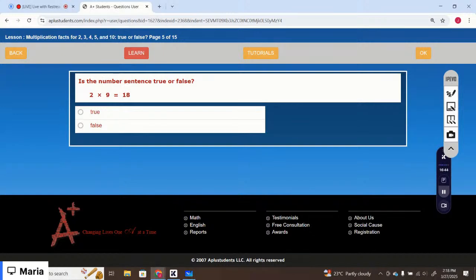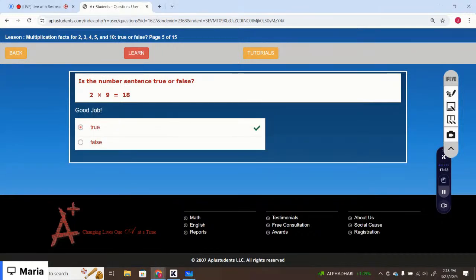Is the number sentence true or false? 2 times 9 equals 18.